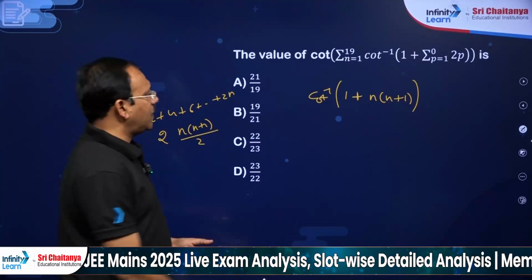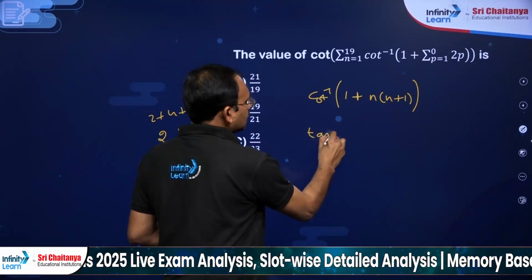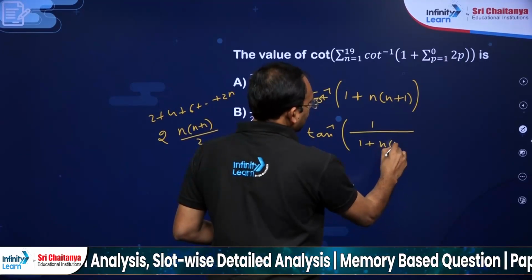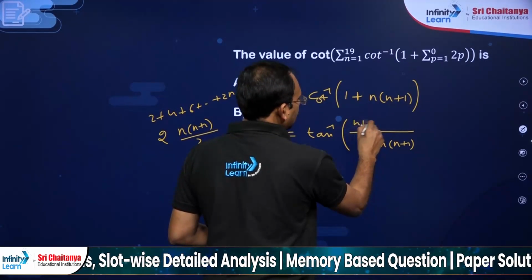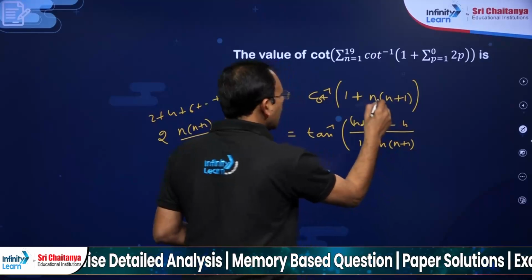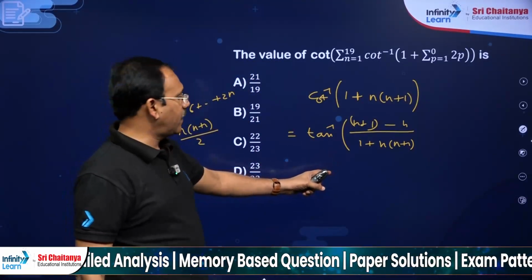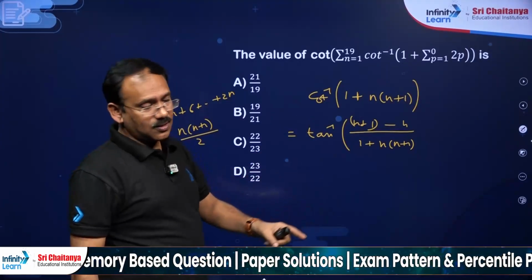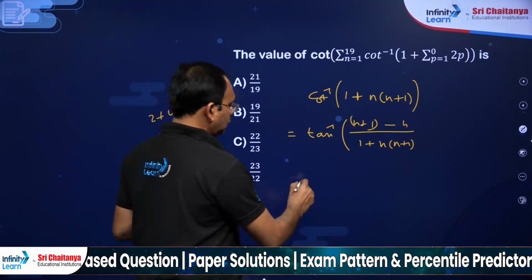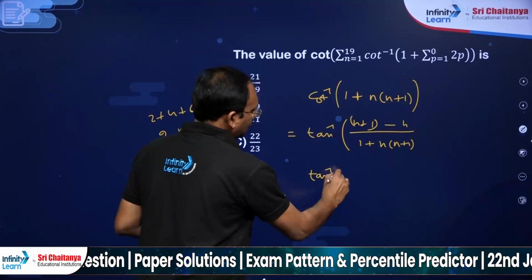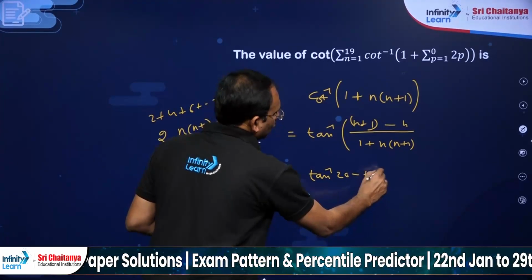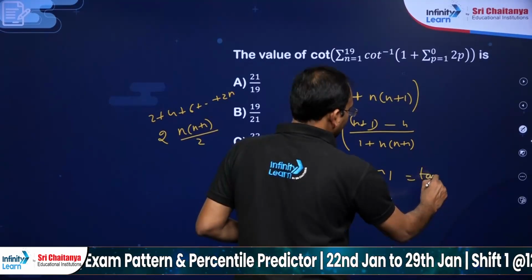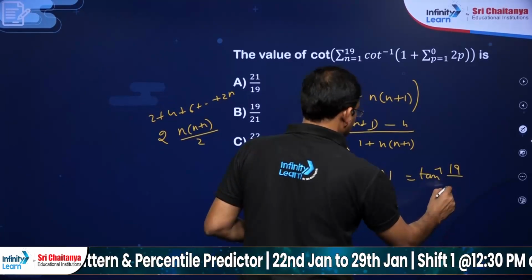Now it is almost the previous problem. You can write it as tan inverse of 1 by 1 plus n into n plus 1, so you can write the numerator as n plus 1 minus n. Same kind of problem, you need to expand, you have to go up to sigma n equals 1 to 19. So that means you will get tan inverse 20 minus tan inverse 1, that is tan inverse of x minus y by 1 plus xy, 21 by 19.